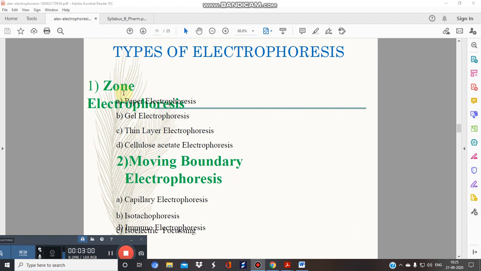In the zone type we include paper electrophoresis, gel electrophoresis, the most common type in our laboratory, then thin layer electrophoresis, and of course cellulose acetate electrophoresis. Another type is based on moving boundary electrophoresis, like capillary, and the very commonly used immunoelectrophoresis, etc.